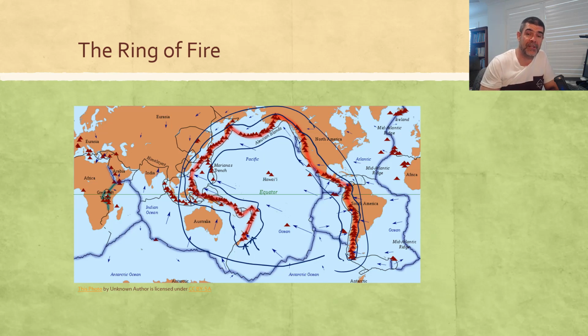There's two important things to say about the Ring of Fire. Firstly, this is a really important indicator of some plate boundaries, and you might remember the Philippines plate was another smaller plate that's slightly to the northwest of Australia, and you can see there's a little bit more volcanic activity in that area as well.